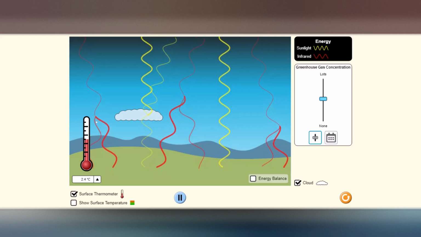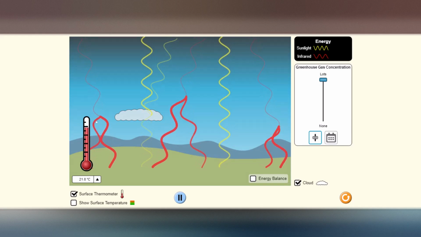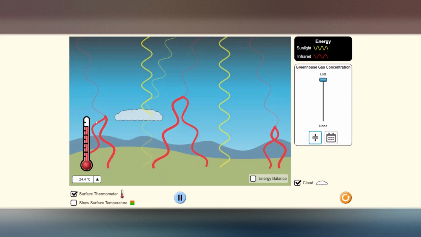And as we increase the greenhouse gas effect, most of the coming rays, the reflected infrared, come back to Earth, and just a tiny amount escapes to space, and that infrared radiation is what causes the increase in the Earth's temperature.